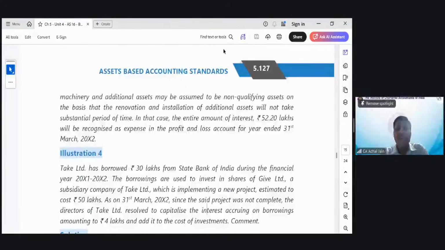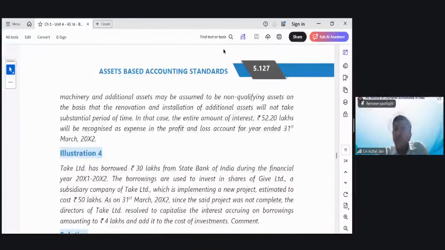Take Limited has borrowed 30 lakhs from SBI during the financial year X1-X2. So this is the amount of borrowing. These were used to invest in shares of Give Limited. Give Limited is a subsidiary of Take Limited, which is implementing a new project estimated to cost 50 lakhs.